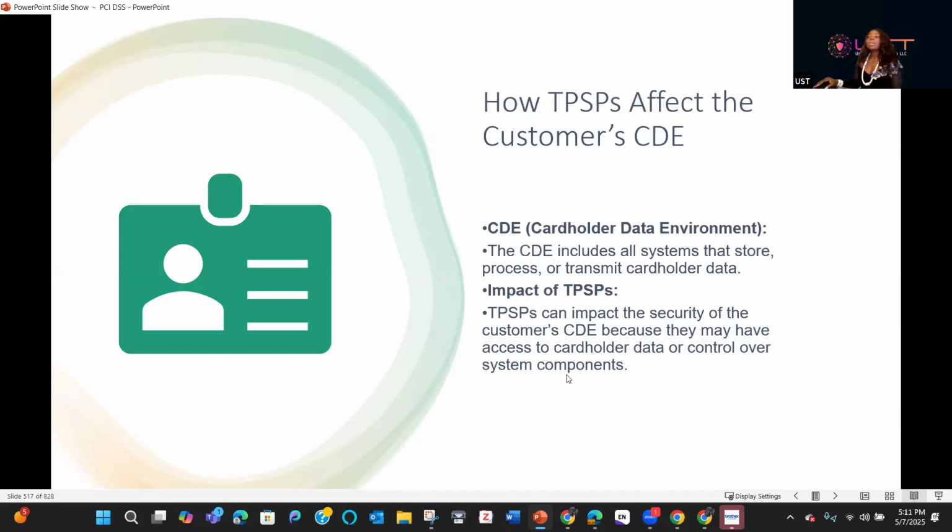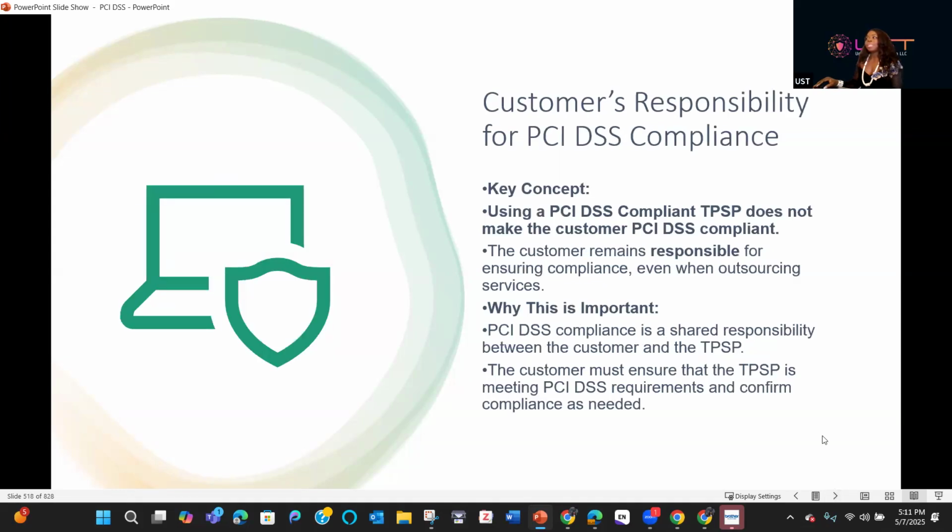In that situation, they also need to be in scope and stay in compliance with PCI DSS. So we cannot be talking about reducing scope here, because they have access and they store or house that cardholder data, right?